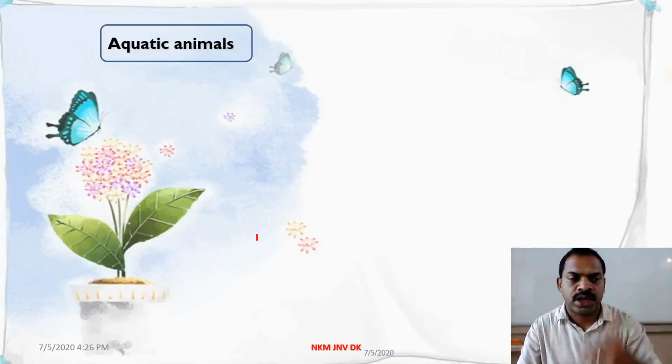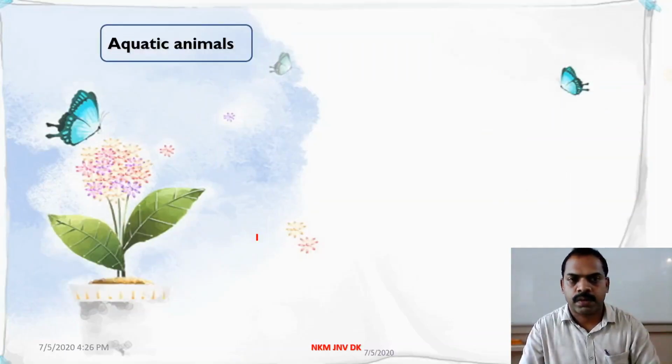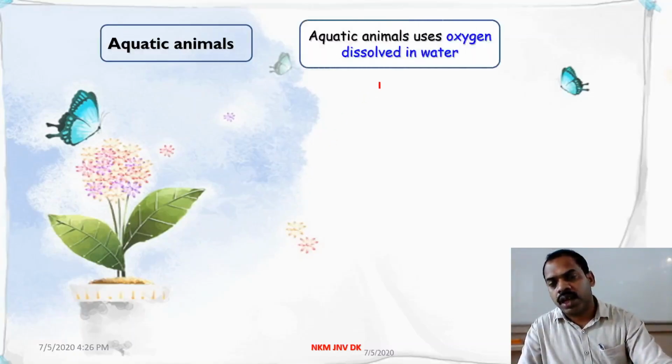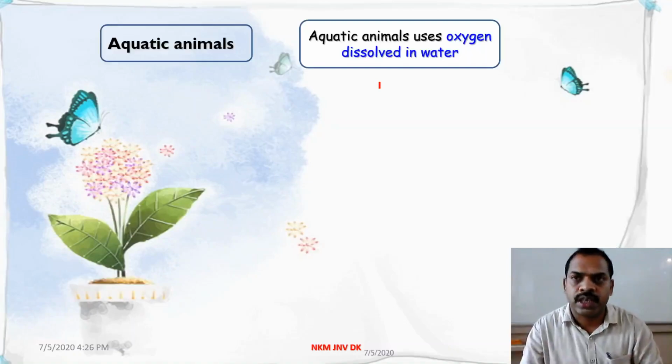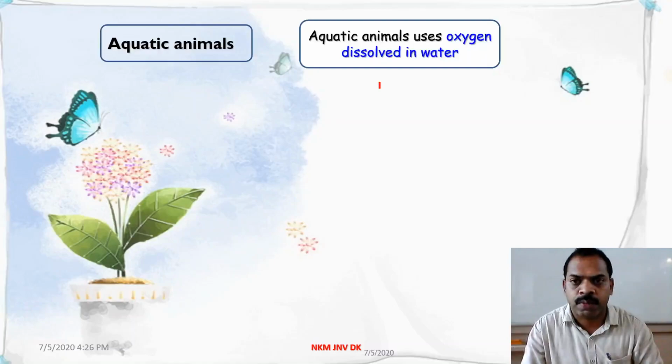Now let us see the aquatic animals. So they have to breathe. Not all, as I told you, the dolphin as well as the higher mammalian aquatic animals have to take atmospheric air.